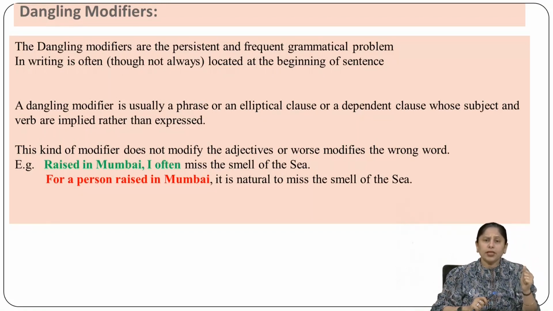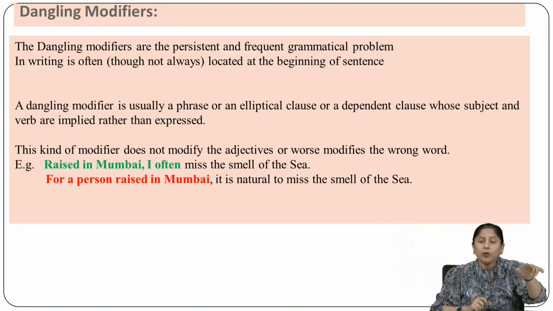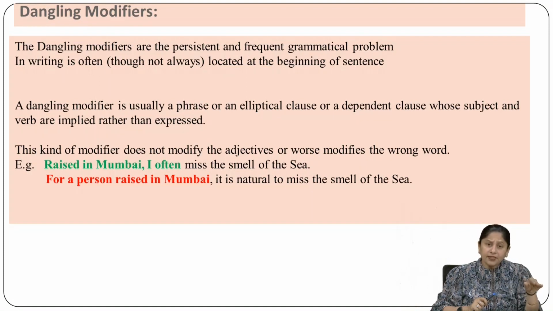Sometimes the dangling modifiers come at the beginning of the sentence, and again they are groups of words, sometimes phrases. So naturally they are phrases, and they are the dependent clause of the subject.